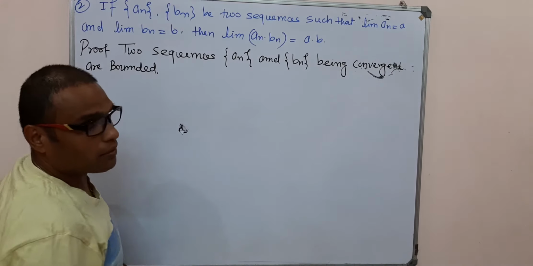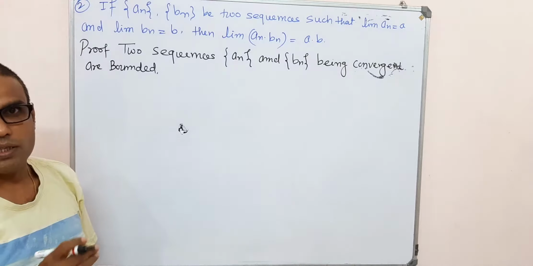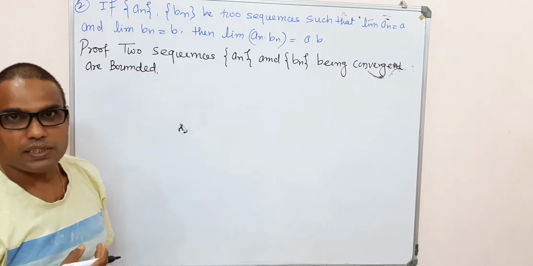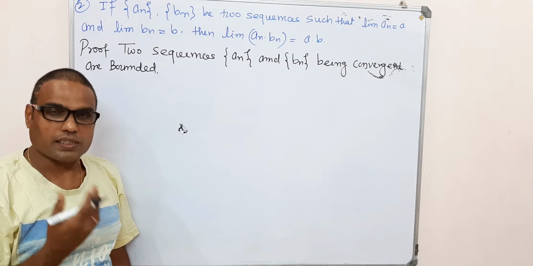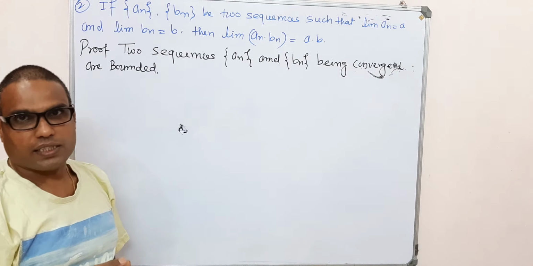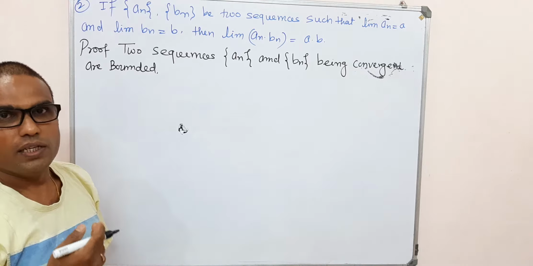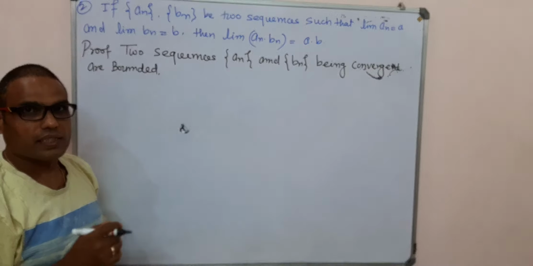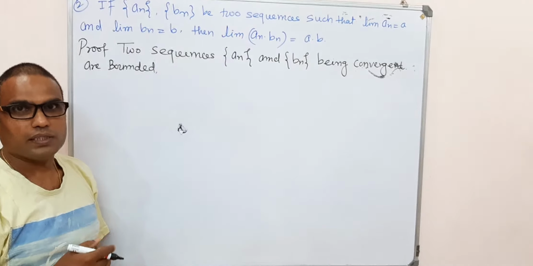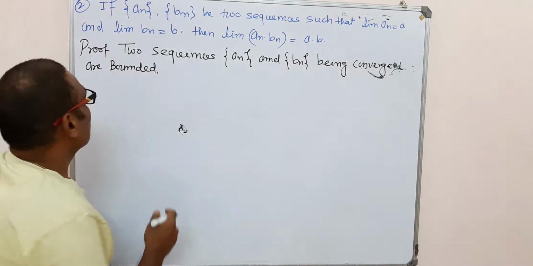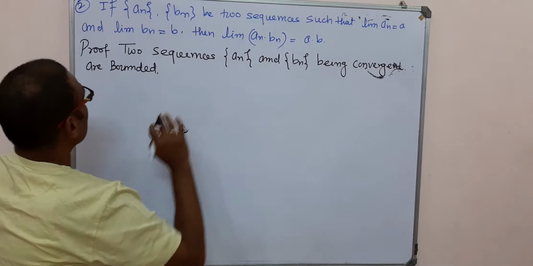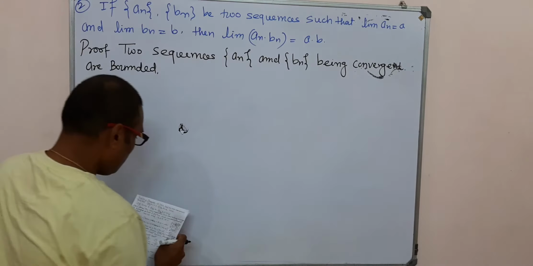So here we apply the definition of the boundedness of a sequence. A sequence is said to be bounded if there exists a real number m such that the mod of s_n is less than or equal to m. So here the two sequences a_n and b_n, being convergent, are bounded.